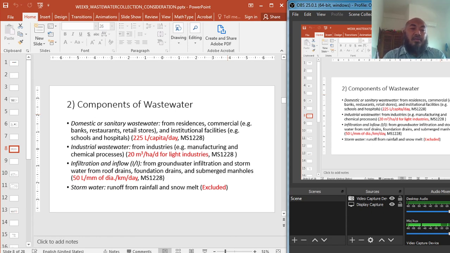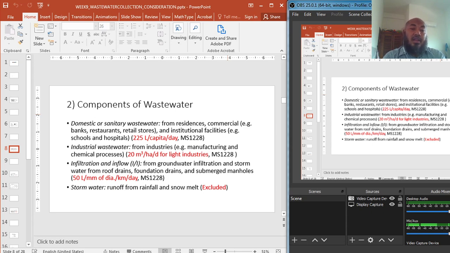The next one is infiltration and inflow, usually abbreviated as I/I. What are the components considered as I/I? They are groundwater infiltration, stormwater from roof drains, water from foundation drains, and water from submerged manholes.